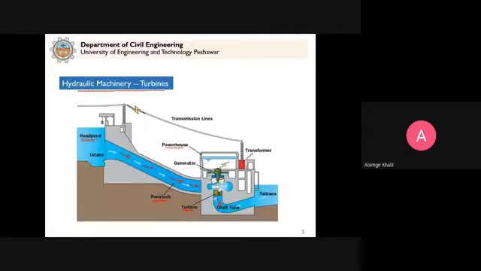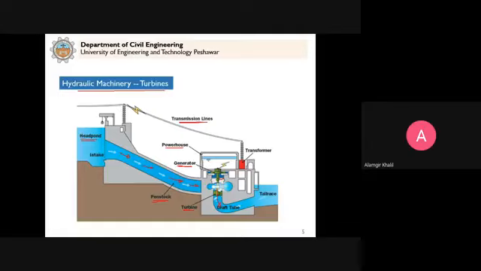So this hydraulic energy is converted into mechanical energy in the form of a rotating shaft, and then this rotating shaft is connected with a generator, and the generator converts this mechanical energy into electrical energy, which is provided to a community, to the national grid, for different purposes. As you already know, we use electricity for different purposes.